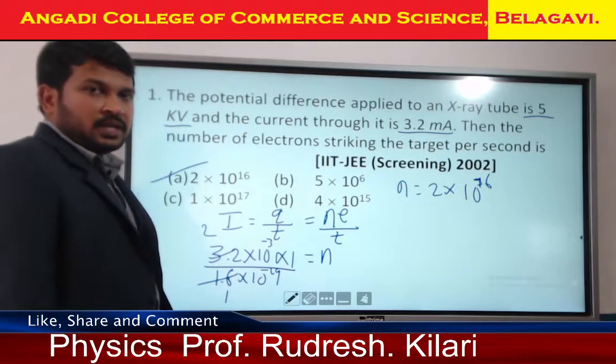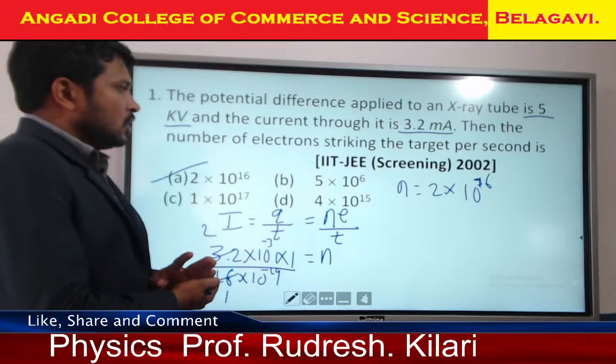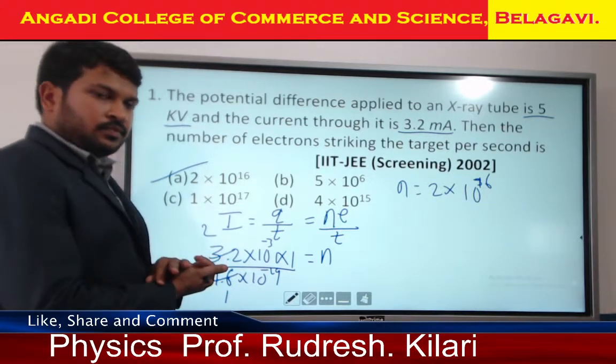How many electrons are striking? 2 into 10 to the power of 16 electrons are striking. Okay, students, note this one.